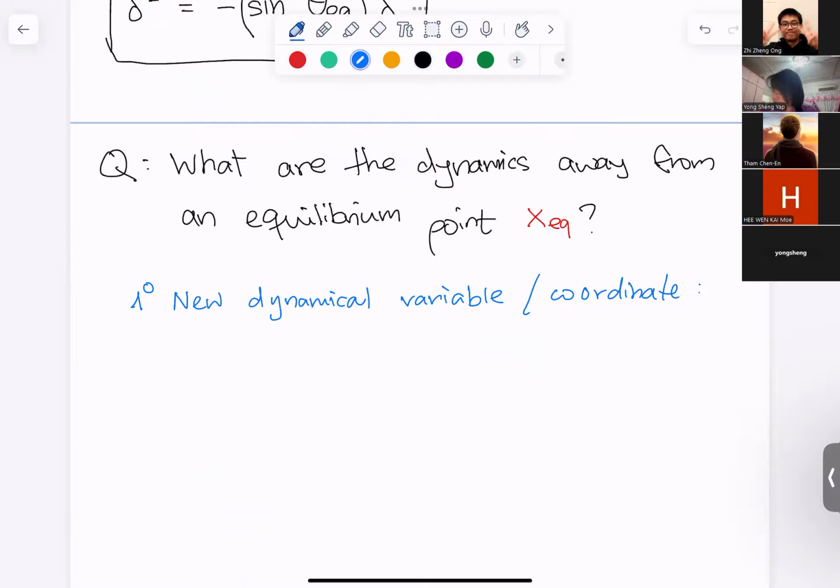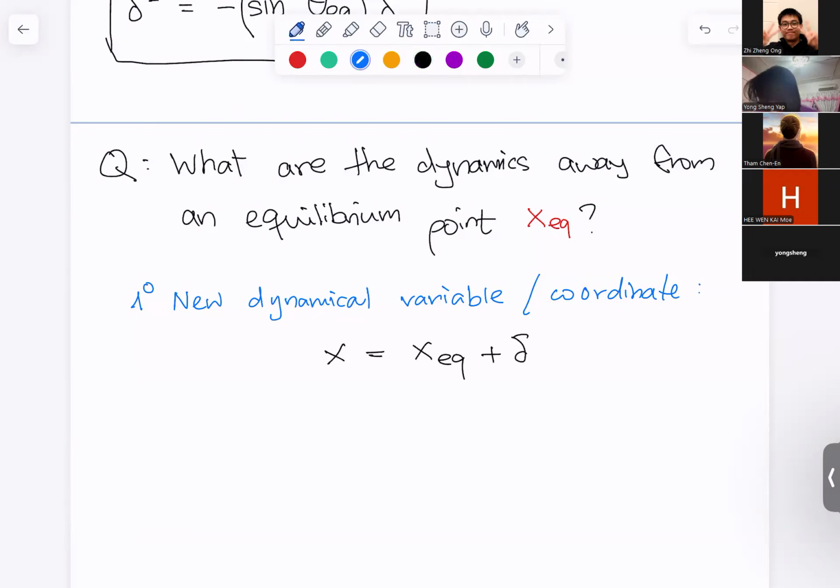The position you can define as xeq plus some deviation delta, or displacement delta, from the equilibrium point.